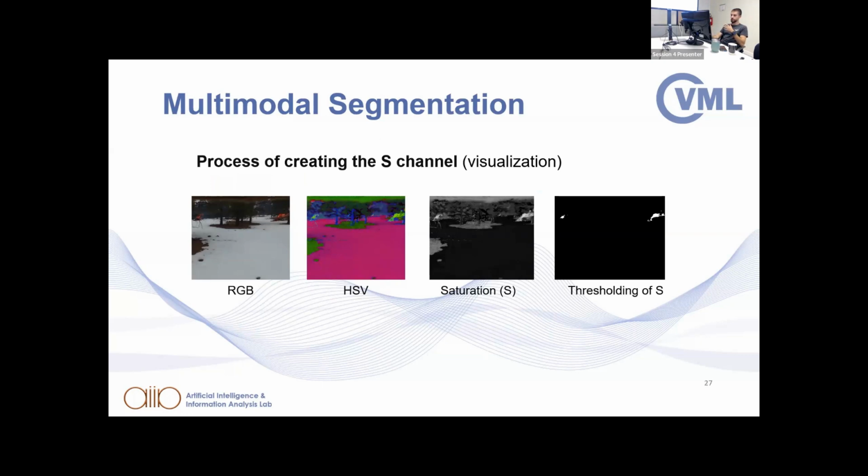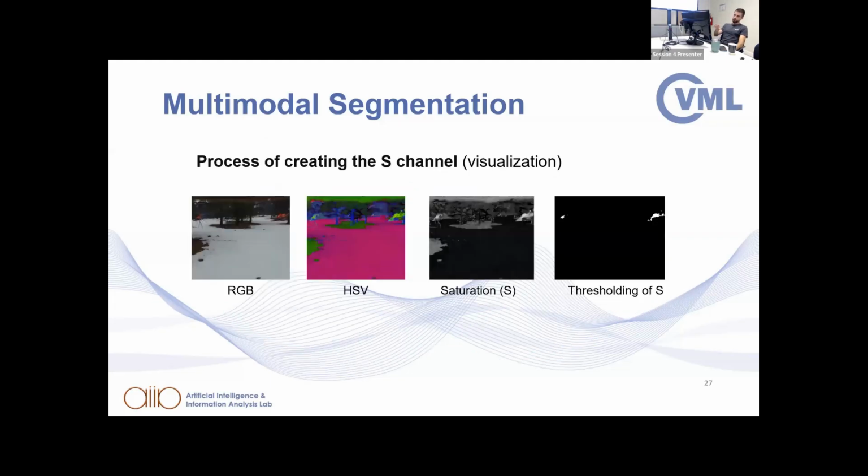Through the HSV transformation, we can calculate the saturation channel, which actually highlights, as you can see here, the fire features. Then, if we concatenate this information with RGB and pass it to the model, it can have greater accuracy, because the input highlights the important features we want to detect.